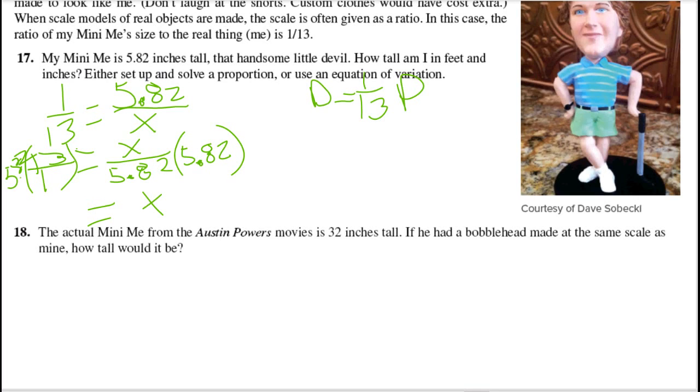But I want the person. I know the doll is 5.82 inches tall, and that is 1/13th of the person's height. Here I multiply both sides by 13. And I still end up with 5.82 times 13. Either way I do this.